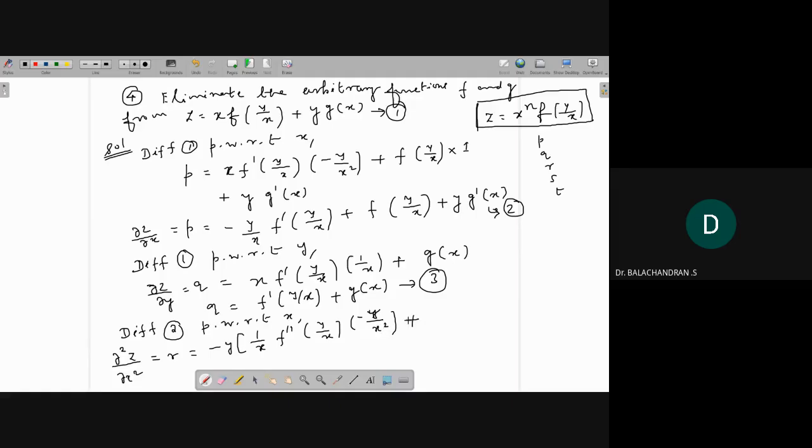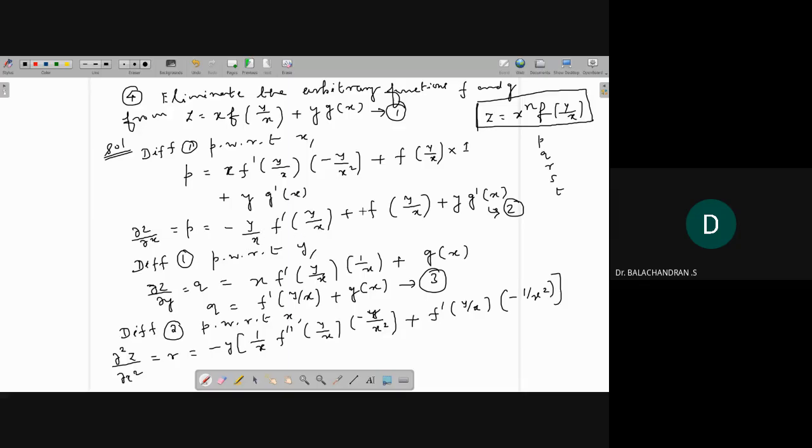Plus, keep f dash of y by x as it is, then the remaining 1 by x, because minus y is taken out. If you differentiate 1 by x with respect to x, you will get minus 1 by x square. Close the bracket.